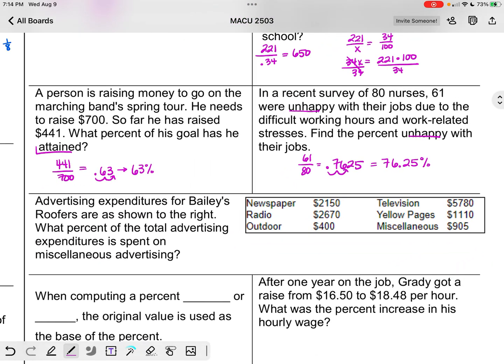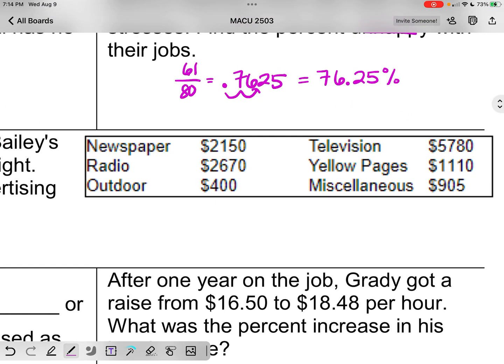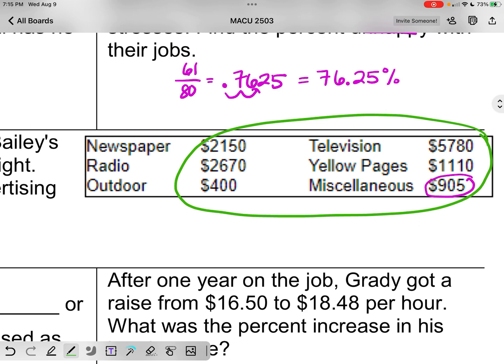Advertising expenditures for Bailey's Roofers are shown to the right. What percent of the total advertising expenditures is spent on miscellaneous? Oh, this 905. Okay, so what you're going to do is take all of these numbers and add all of them together.